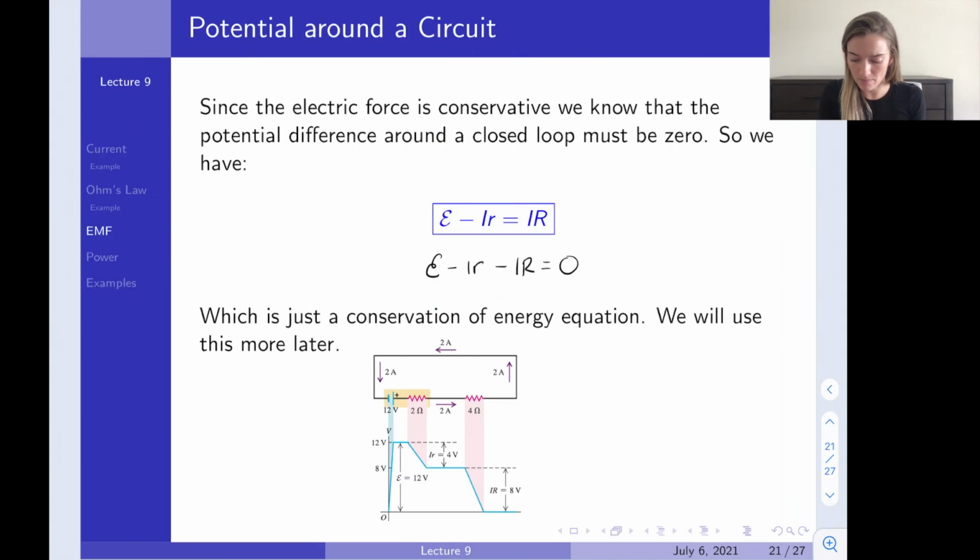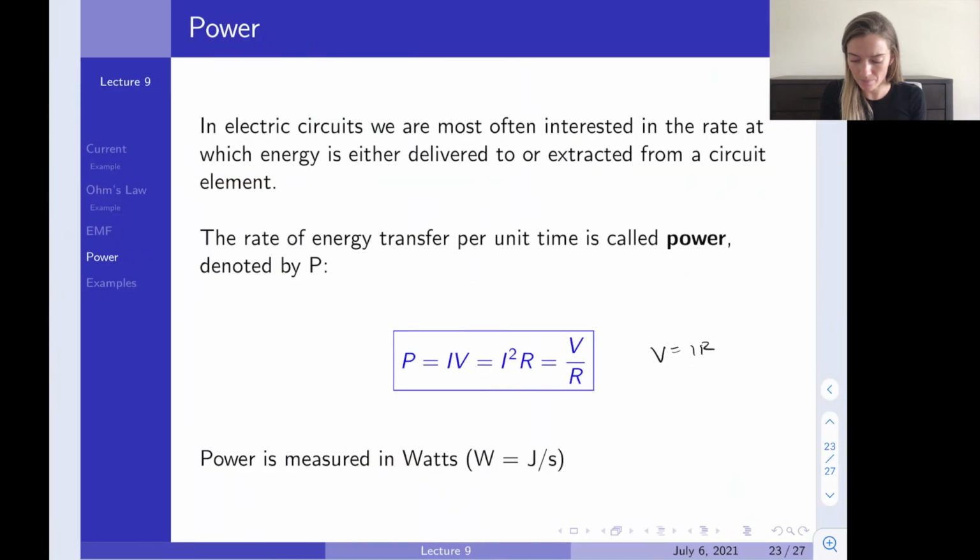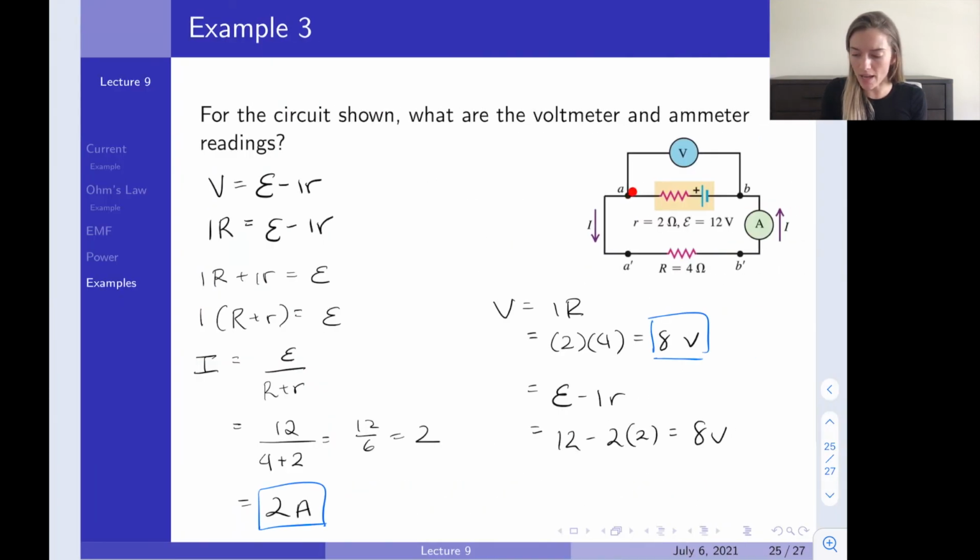So I know that my potential is higher over here than over here. Since the total potential across the whole circuit has to be 0, as long as you know it's higher over here than over here, it doesn't matter which way you calculate it. You know that your answer has to be positive either way.